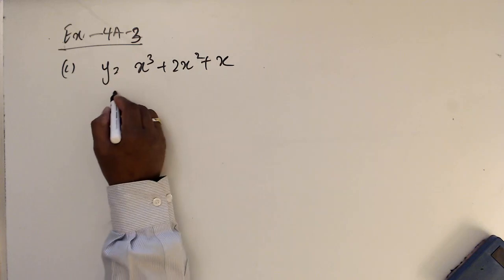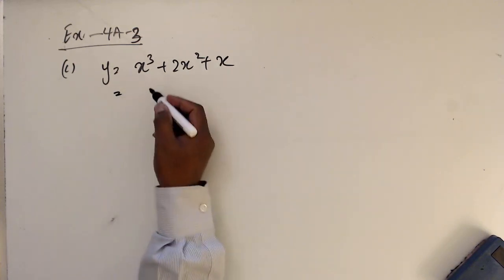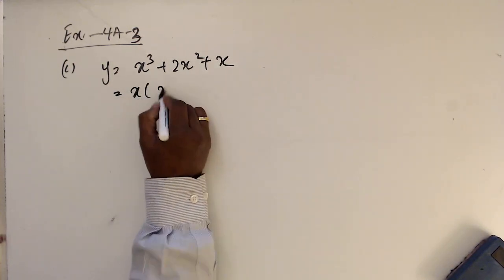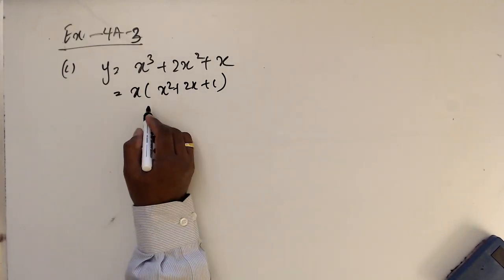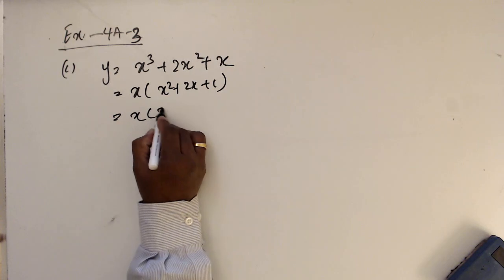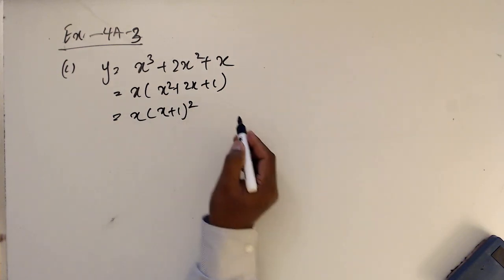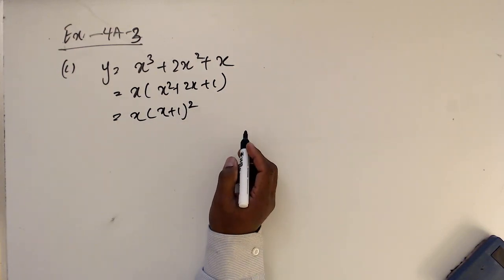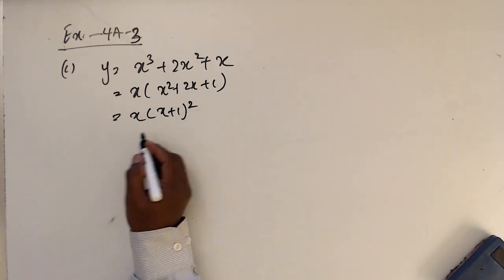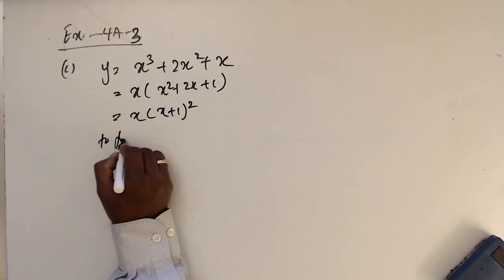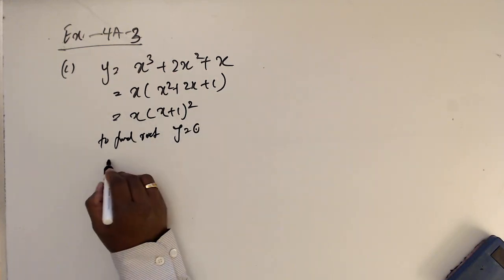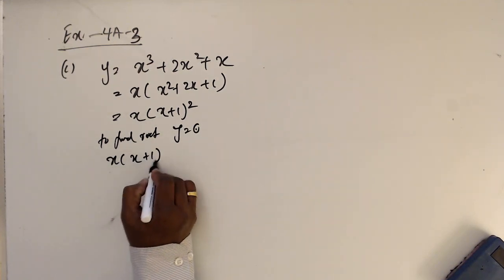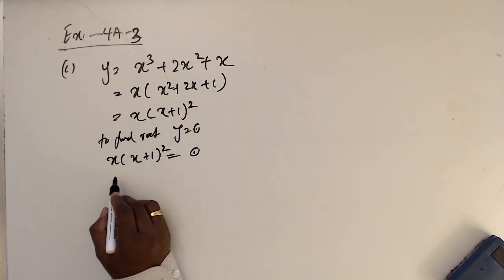When I look at part C, I can factorize this one, x squared plus 2x plus 1. This is going to be x plus 1 squared. Let me check whether we did this curve right. To find roots, we want to make y equals 0, then x times x plus 1 squared equals 0.